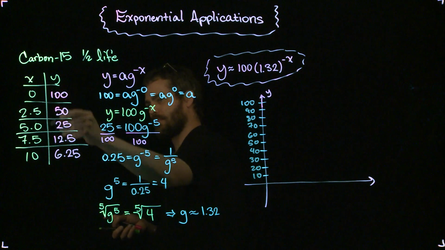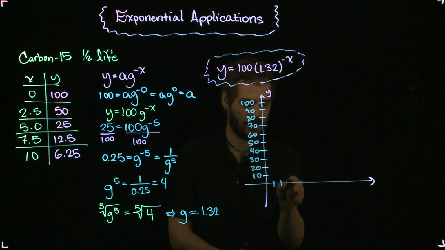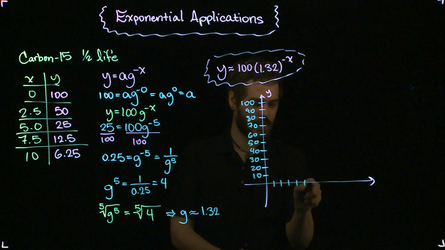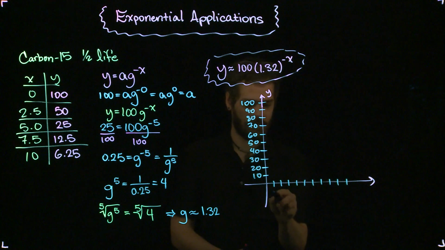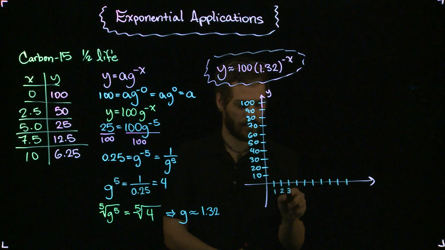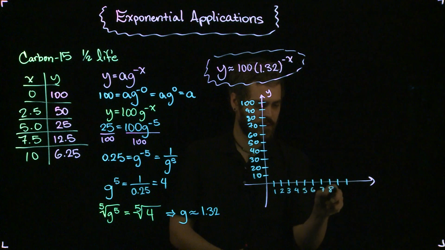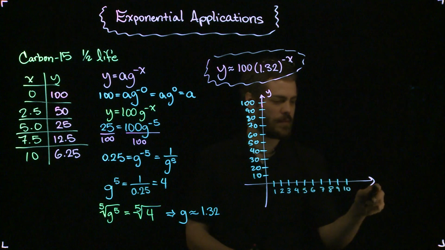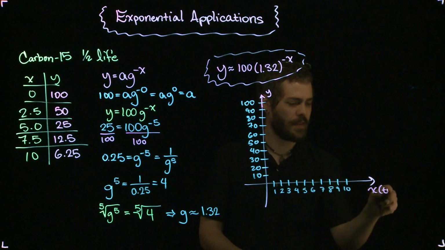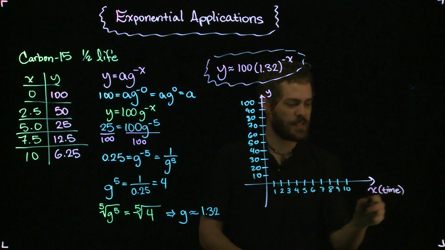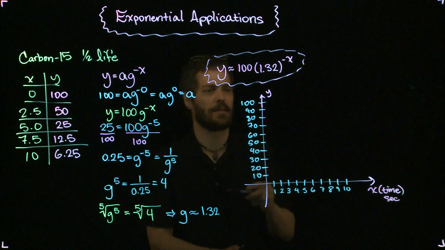It looks like we're going from 0 to 10, so I'll just do 10 little hash marks that way. 1, 2, 3, 4, 5, 6, 7, 8, 9, 10. Going by ones over here. The x-axis is referring to time. Maybe I should have put t, and it's time in seconds to be particular.